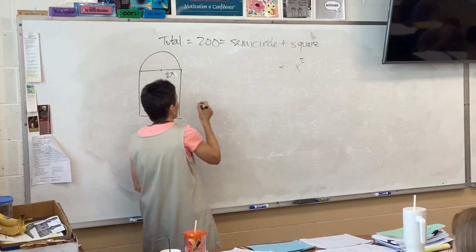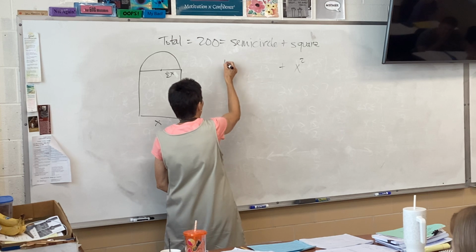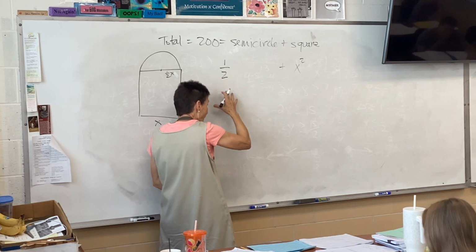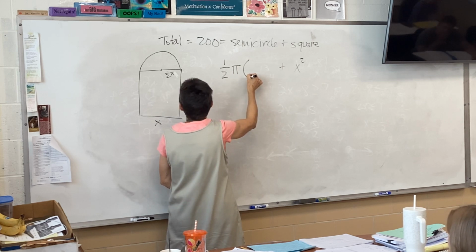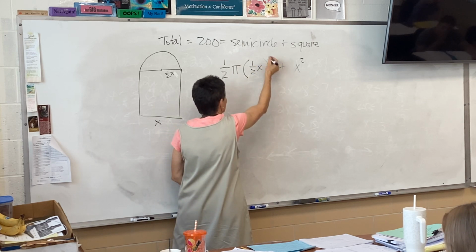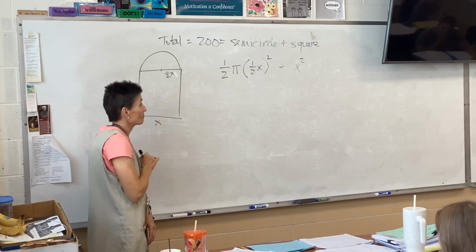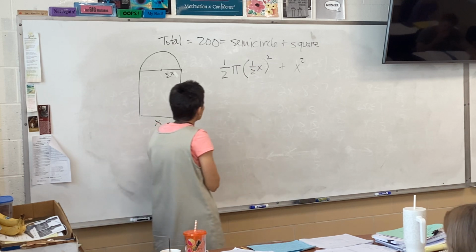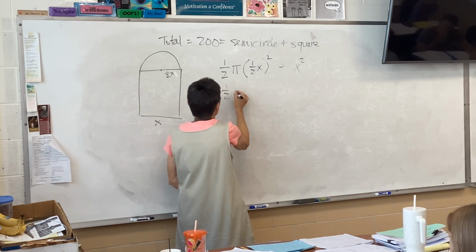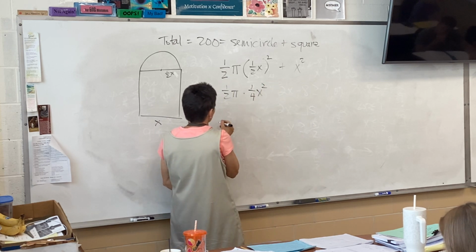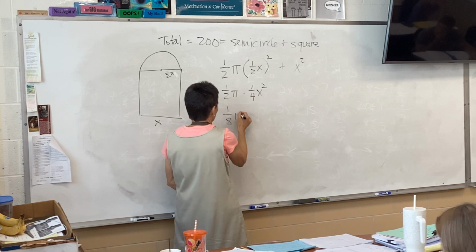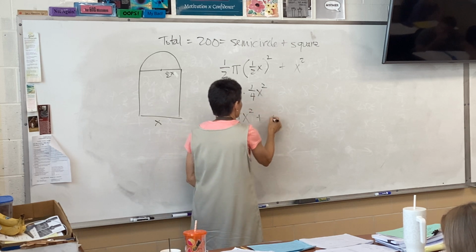So what's the area of the semicircle? 1/2, because it's half the circle. 1/2 pi, 1/2 x squared. So let's see, that is 1/2 pi times 1/4 x squared. So 1/8 pi x squared plus x squared.